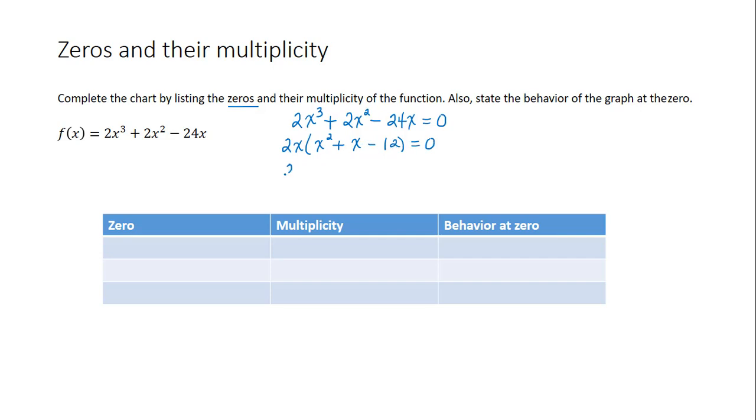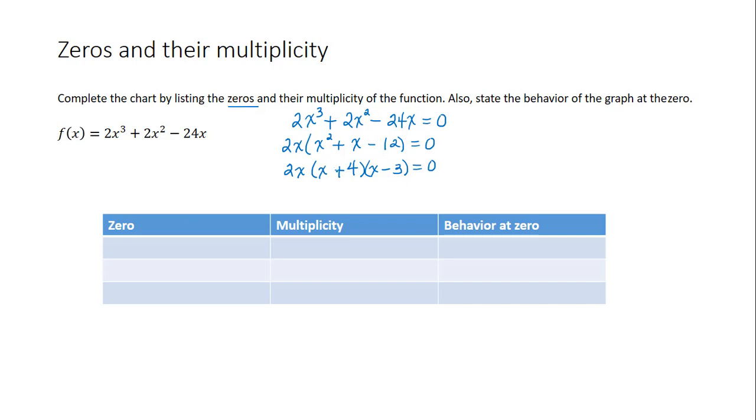The trinomial factors further. We need the factors of negative 12 whose sum is 1. And if you recall, that would be a plus 4 and a minus 3.